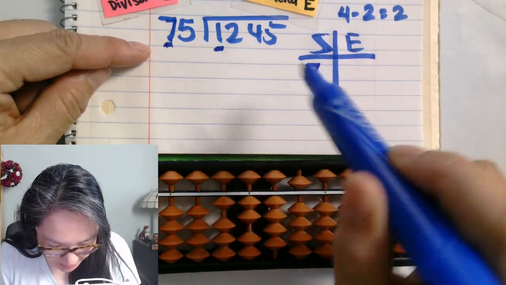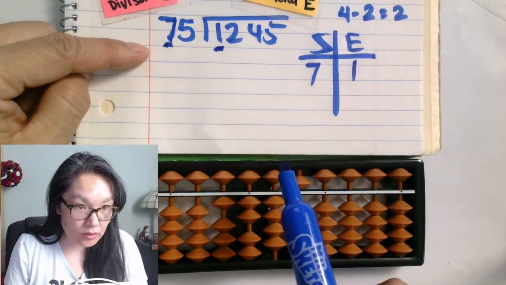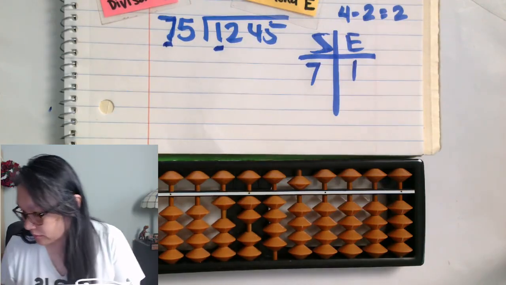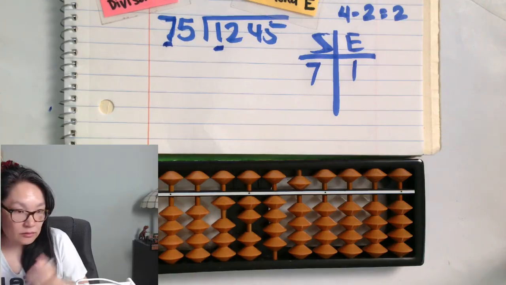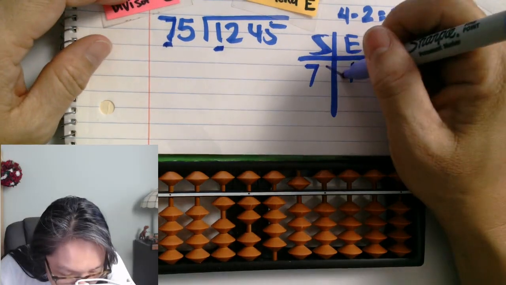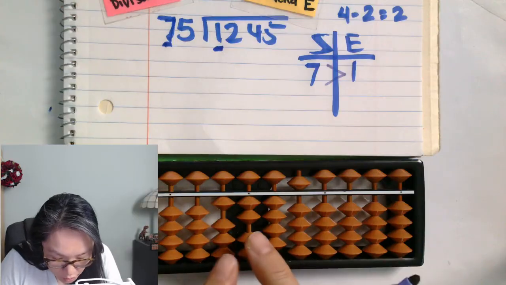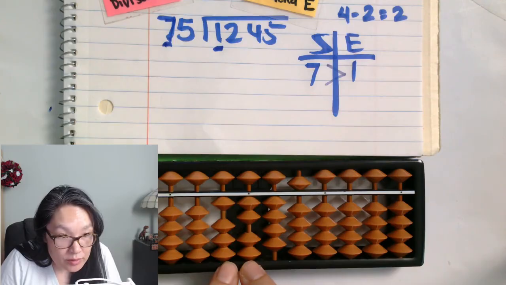So 7 is my divisor. 1 is my dividend. Who is bigger? Seven is bigger. Because 7 is bigger, I'm going to utilize 2 digits. I need to do 2 columns.